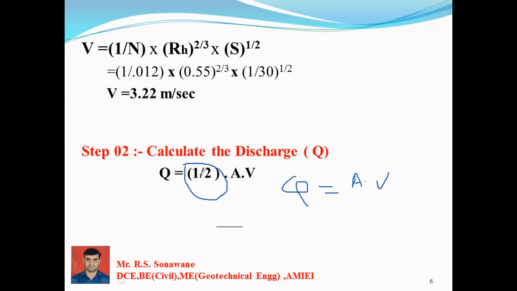That's why discharge will be half here. Is that clear? Therefore Q is equal to half into the area into the velocity in that sewer.